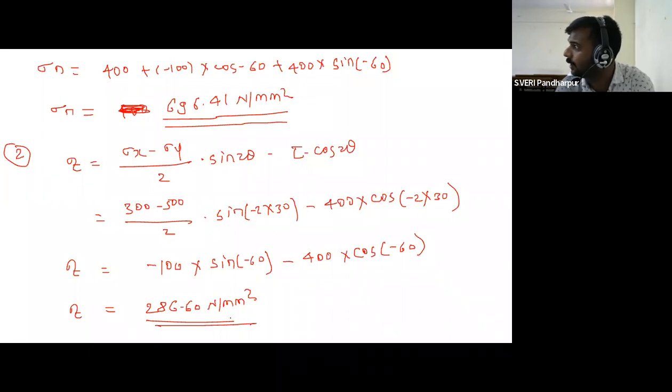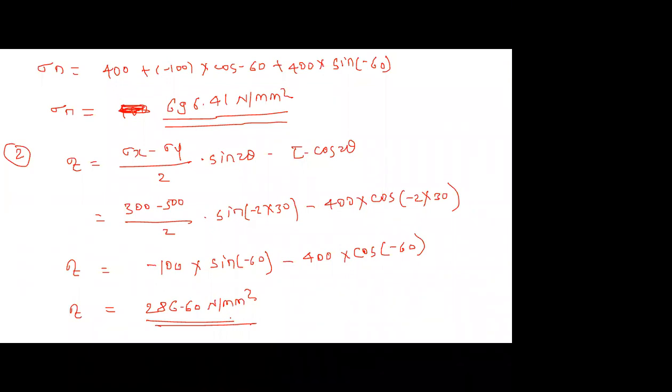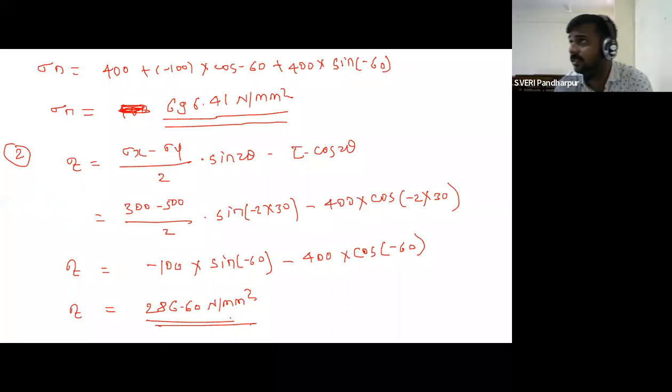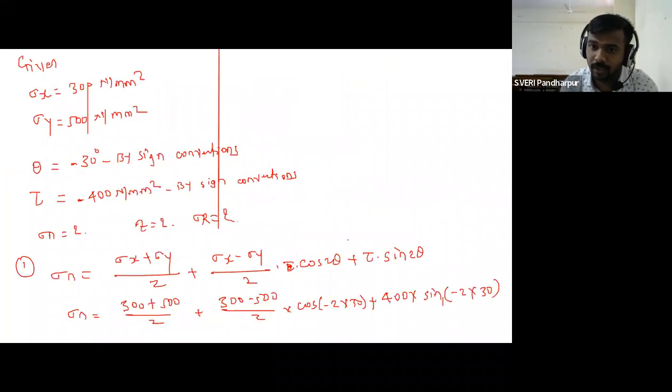696.41, got it. Sir, there you have taken minus, but you have taken plus 400. Yes, 400 is actually minus, no? Here I forgot to take the sign convention of 400 also. You have to write minus 400 in brackets.